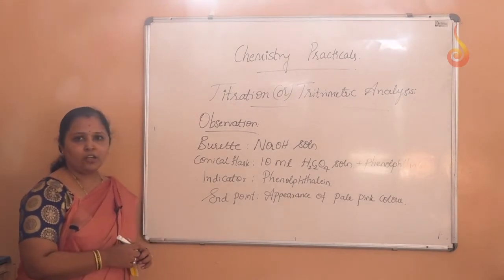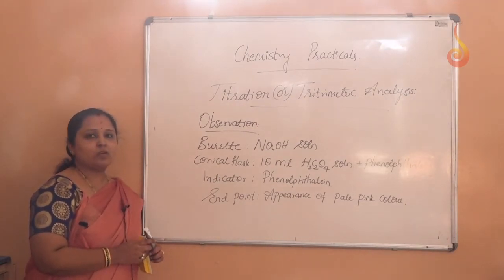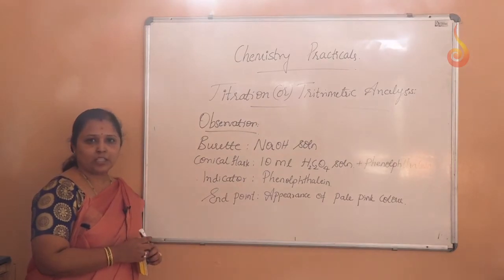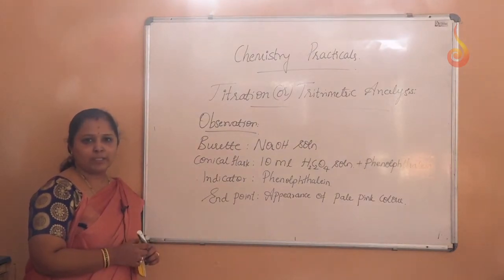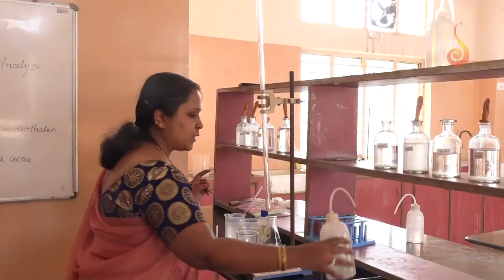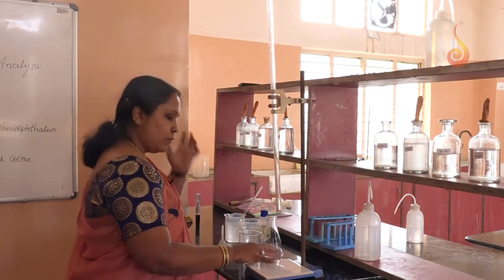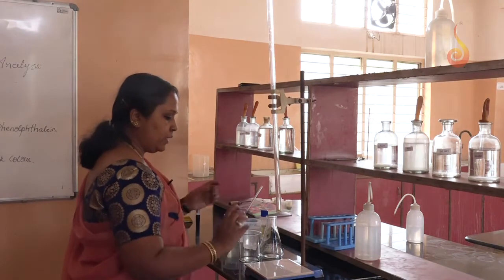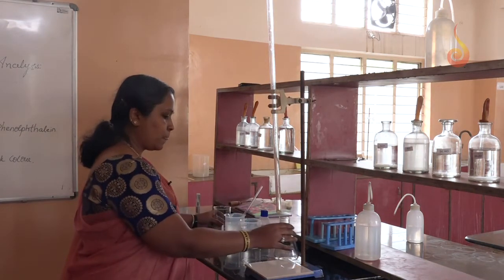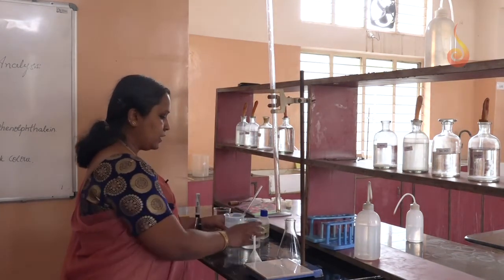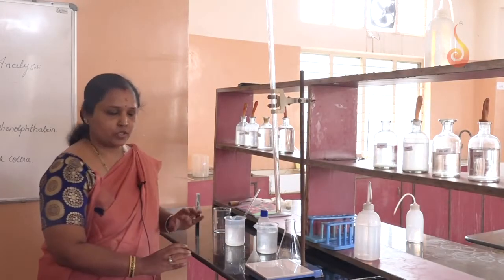Now, we will carry on the experiment practically and we will see how the reaction takes place and how we can identify the end point. This is the experimental setup. I have a burette, pipette, conical flask, a funnel, and these two solutions.